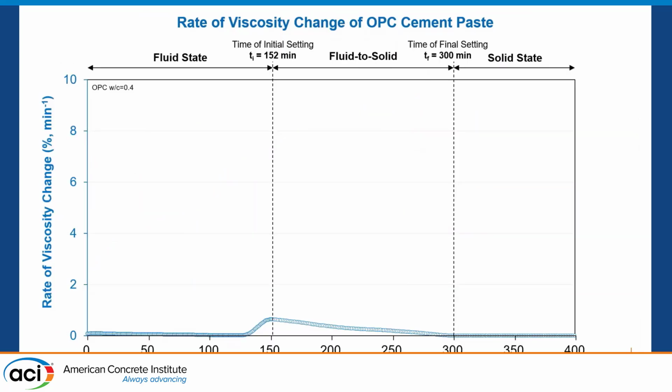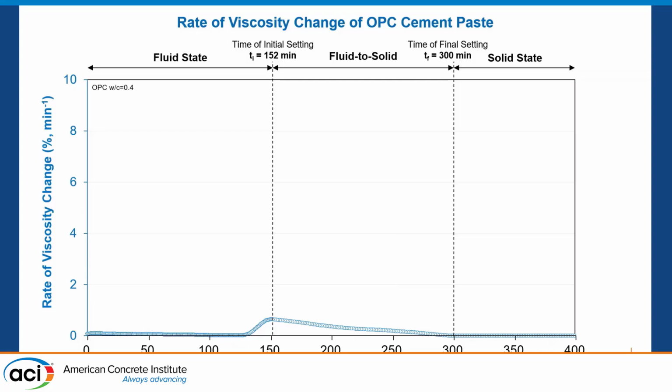To further elaborate our results, we calculated the rate of viscosity change and the rate of permittivity change of this Portland cement. In this slide, I show you the rate of viscosity change in the blue curve. What we see is that the change at the fluid state is negligible.